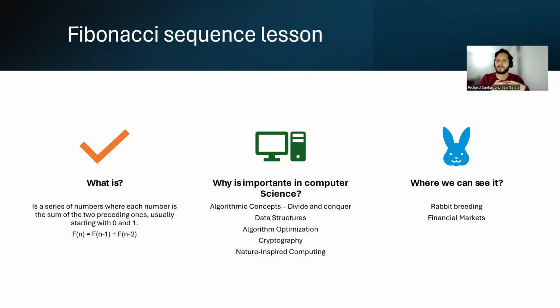And another one, less natural and more implemented by humans, is the financial market. For example, in the volatile market, investors managing cryptocurrency use some structure of the Fibonacci sequence to know where to go in, where to exit, and whatever action they have to take.